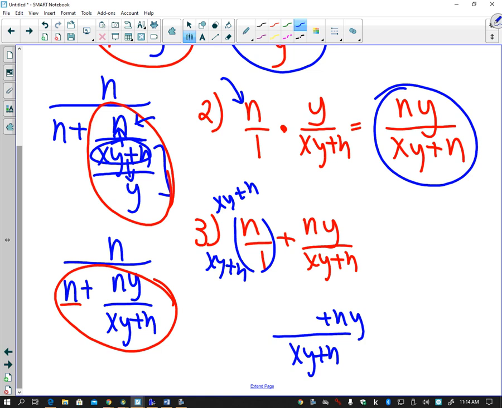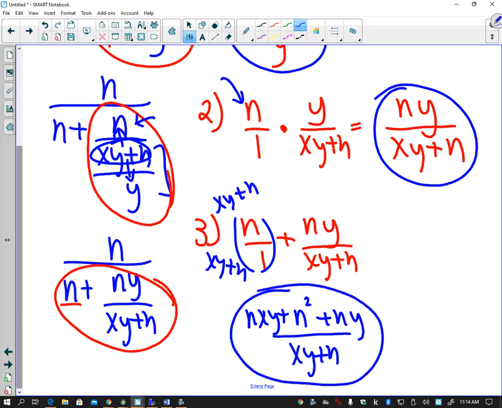So I'm going to take xy times n, which is what? nxy, or nyx or whatever, plus n squared, plus ny over xy plus n. So this is the solution.